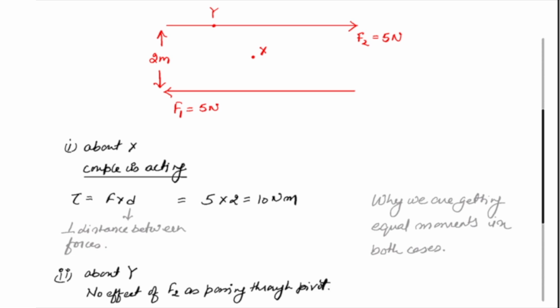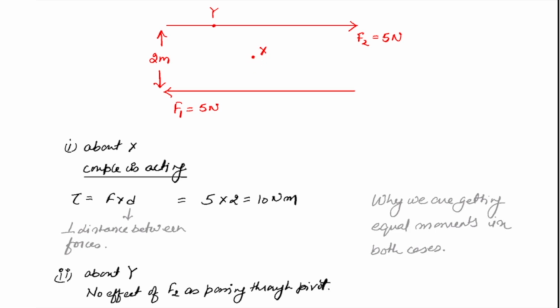So see, about X, a couple is acting. If you see this X and two forces equal and opposite, the line of action is not the same, they have a separation. So a couple is acting, and we can calculate the torque due to the couple.